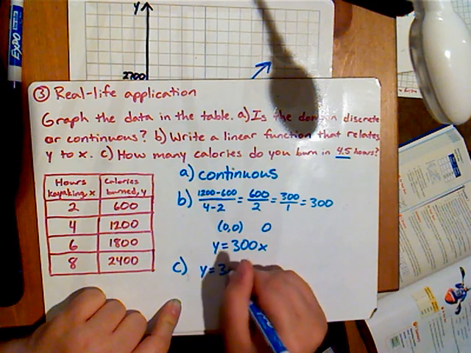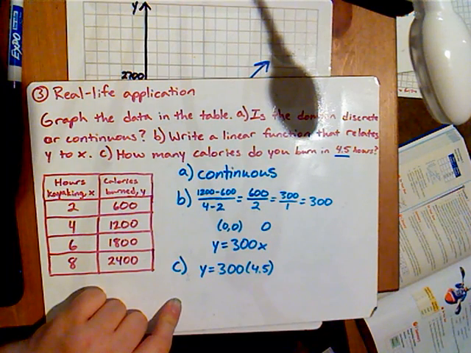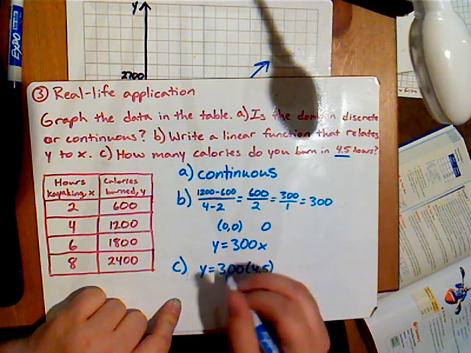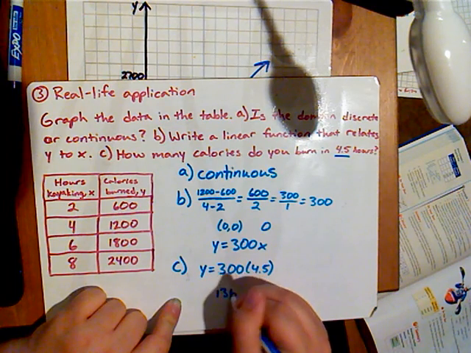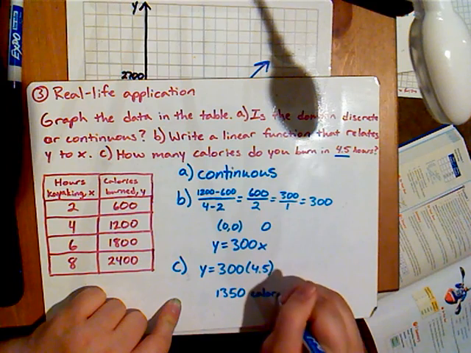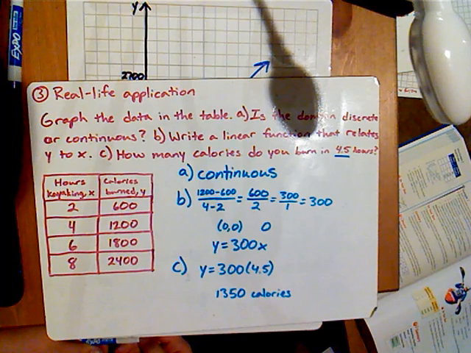So y equals 300 times 4.5, which is going to be 1,350 calories. So in 4.5 hours, you would burn 1,350 calories. And that is linear functions and finding linear functions.